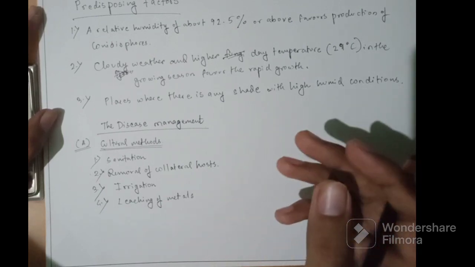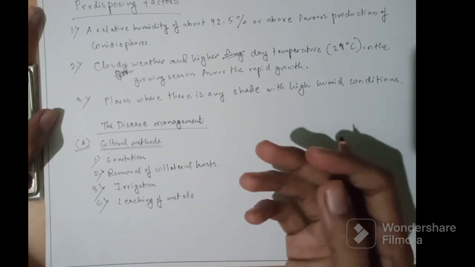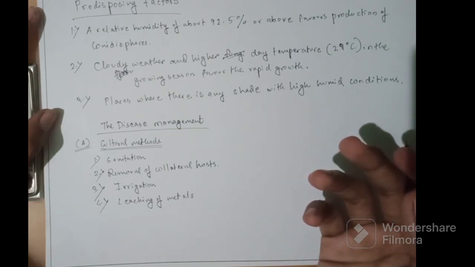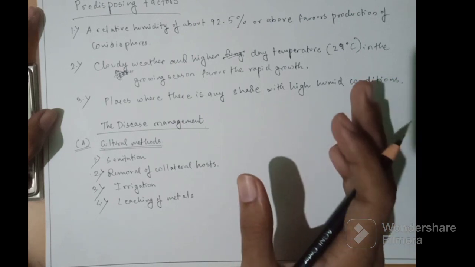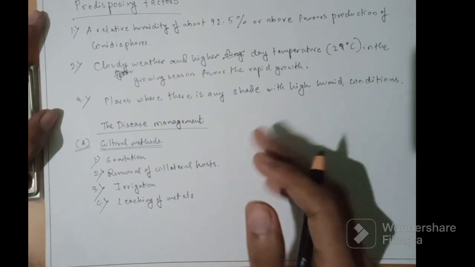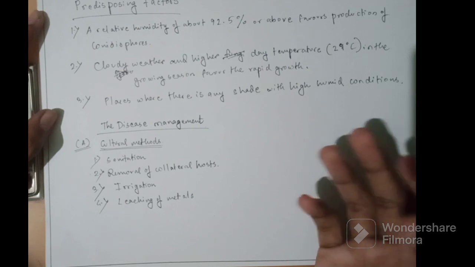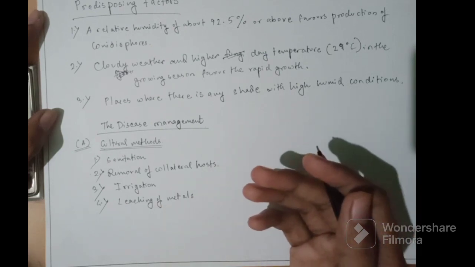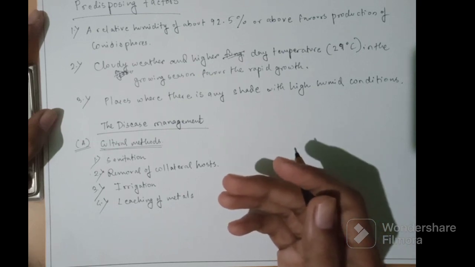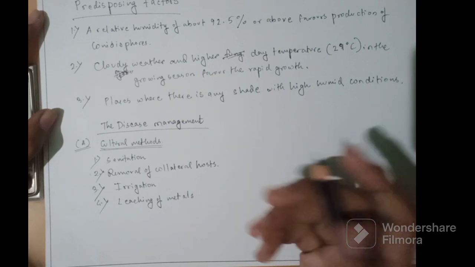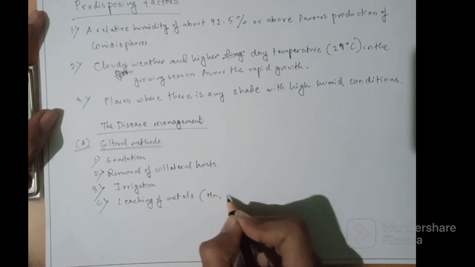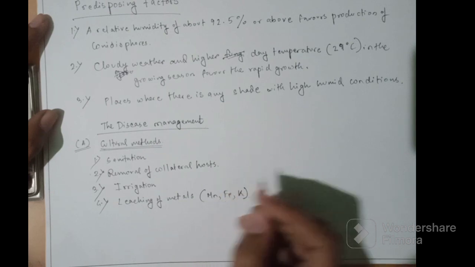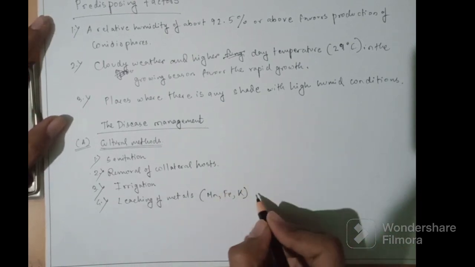Leaching down the metallic elements like iron, manganese, potassium from the soil during rain should be checked. Otherwise the plants can be more susceptible to disease. So these metals need to be prevented from leaching inside the soil.